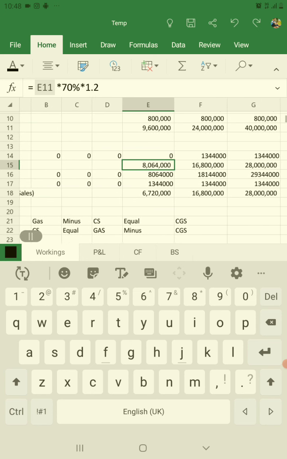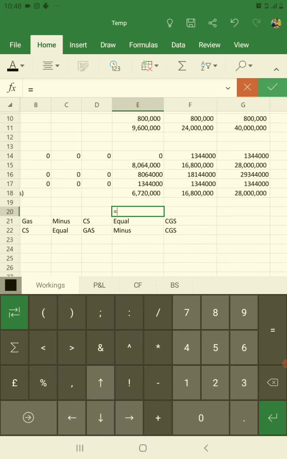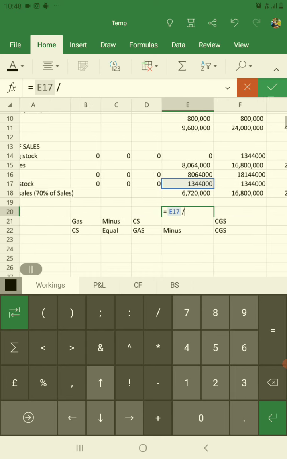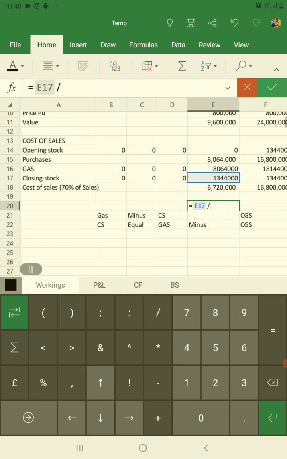Now, that is the one assumption. So, if I can put a formula here to demonstrate what I want to do, say I want to say stock divide by purchases.